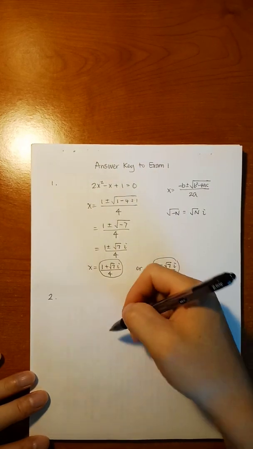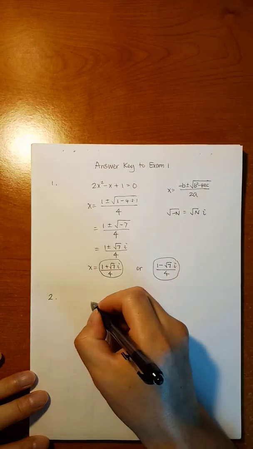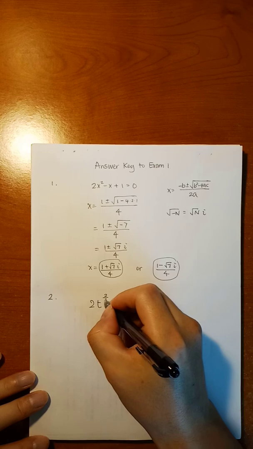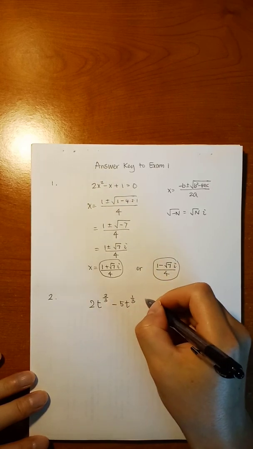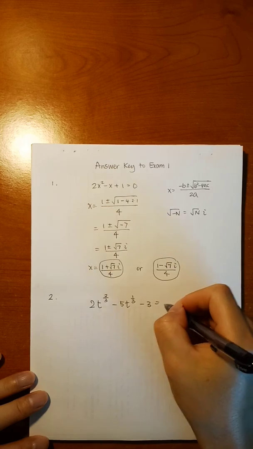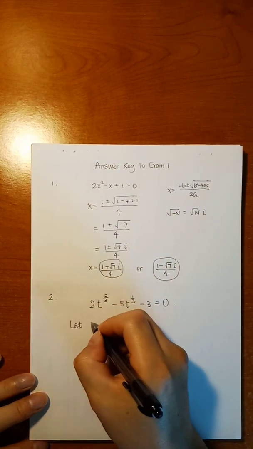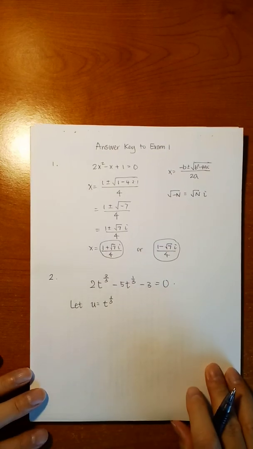And the second one, we are going to solve the quadratic-form equation. It's not that difficult to see. We're going to choose u to be t to the 1 over 3.